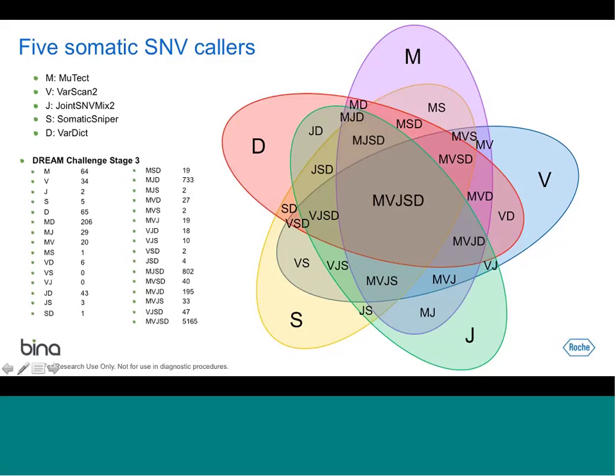If you run multiple tools, you can increase your accuracy and sensitivity. In this data set, there are about 8,000 true mutations. We know they're true mutations because they're synthetically spiked in, and you can increase your precision by taking intersections, by taking a consensus call. For instance, in the middle, you have about 5,000 calls that are agreed upon by every single tool, and you can increase your precision by taking a consensus.